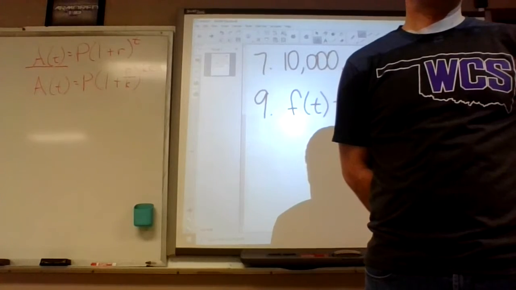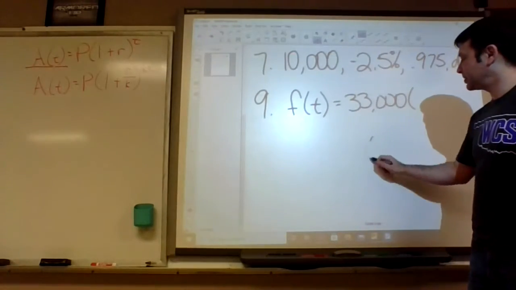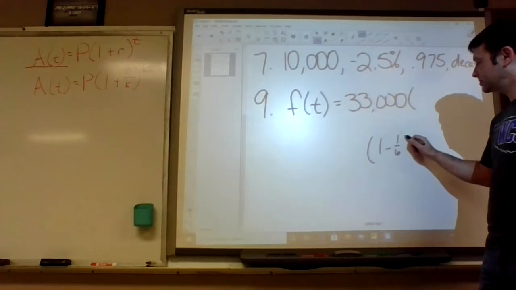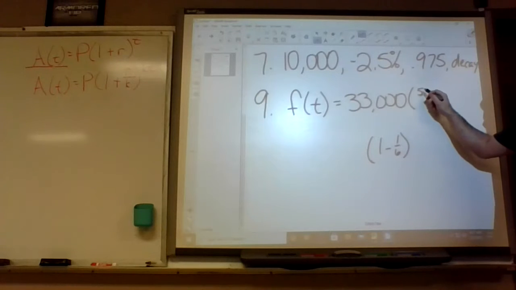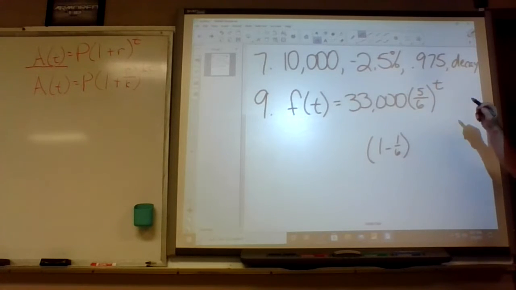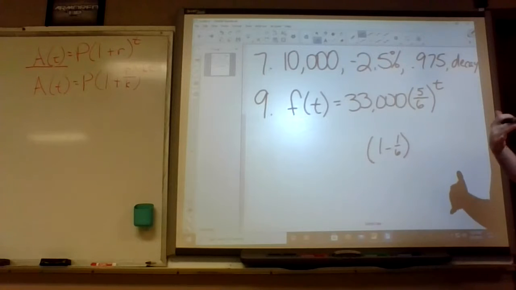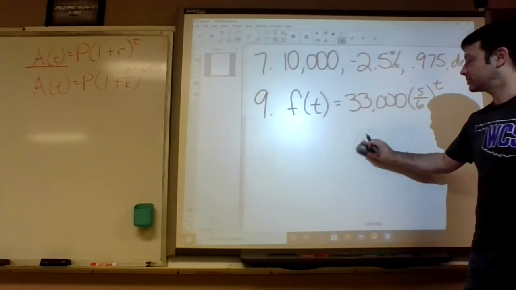So in the parentheses, it's 1 minus 1/6, so it's only going to be 5/6 of what it was. I'm just going to put the 5/6 version, simplified like most of the other problems. And then the time, t. T can be a lot of things, but they tell us in the directions.